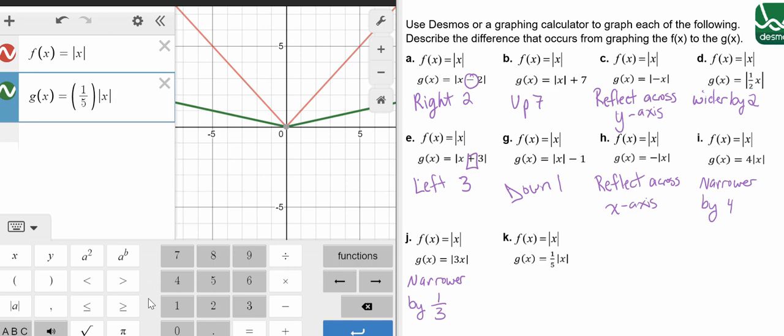So here we see a vertical shrink, so we're pulling that red graph down to get to where our green graph is. So again, we can just say that it is wider by 1/5. And so that's how you can see some patterns emerging from different transformations in our equation and how those relate to our graphs.